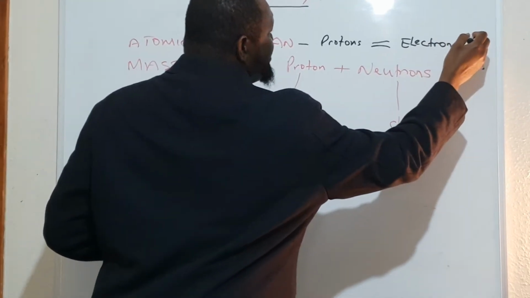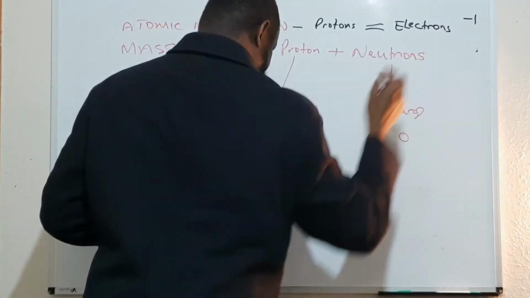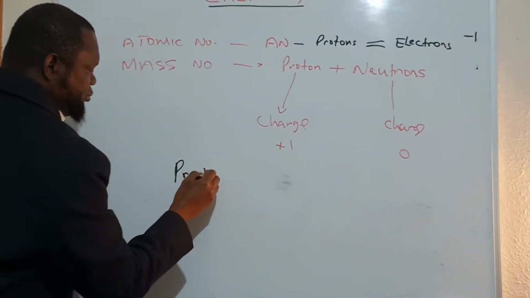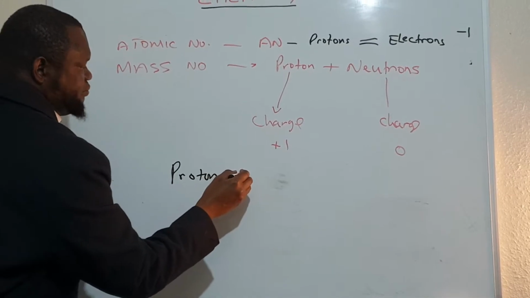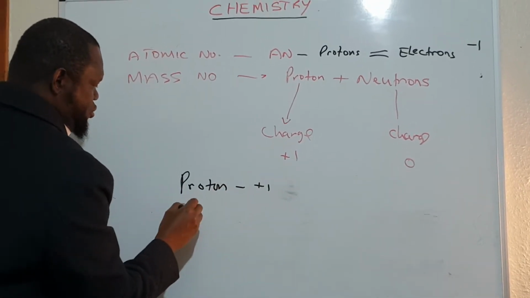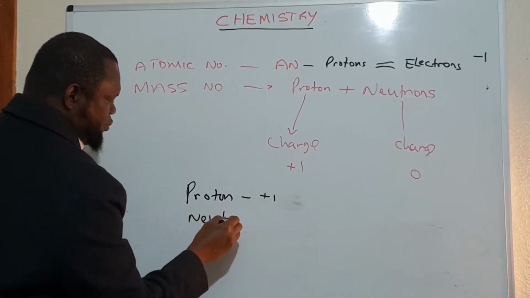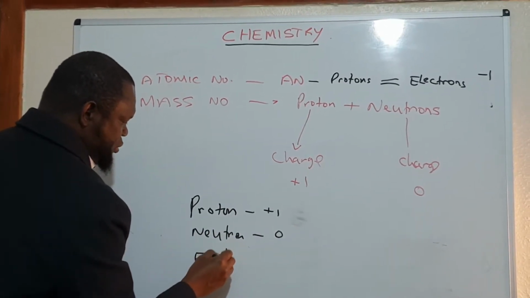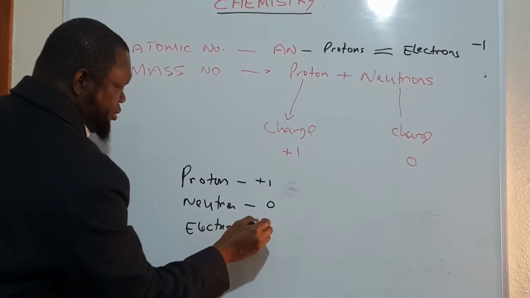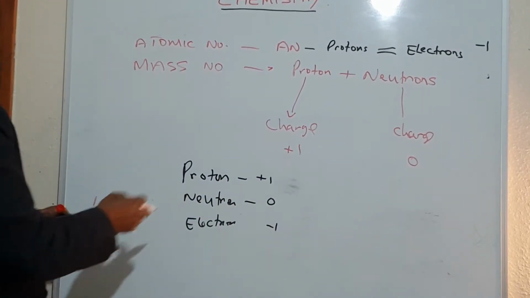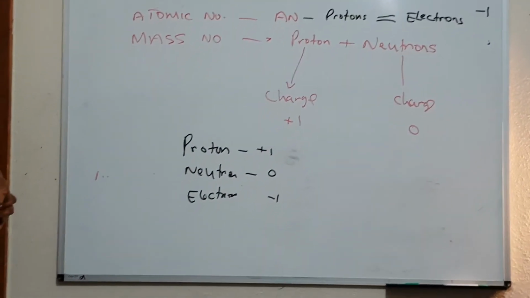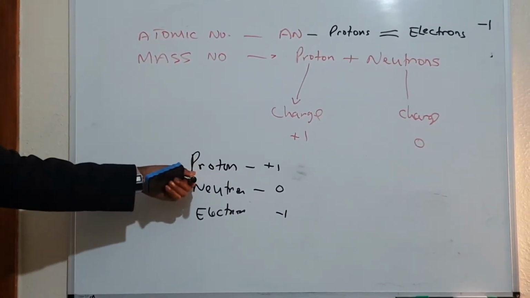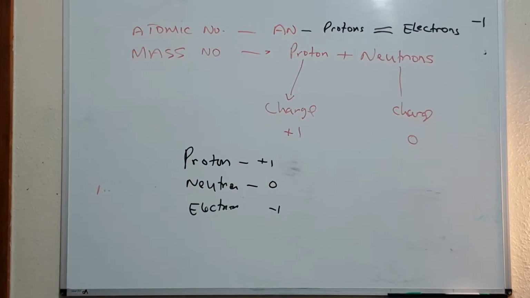And we say the charge is -1. So we can summarize: proton is +1, neutron 0, and electron -1. So this is the charge. You can see the charge on the electron is equal to the charge on the proton. So they must be equal.